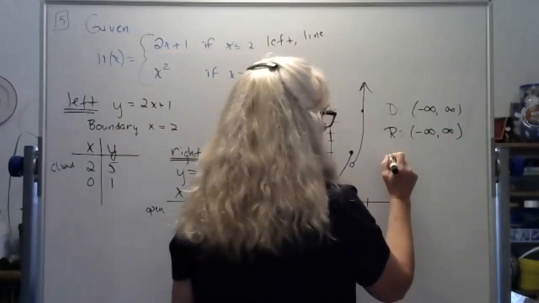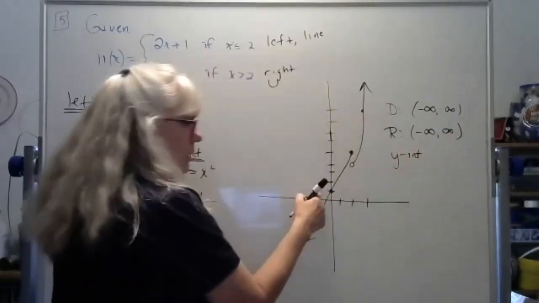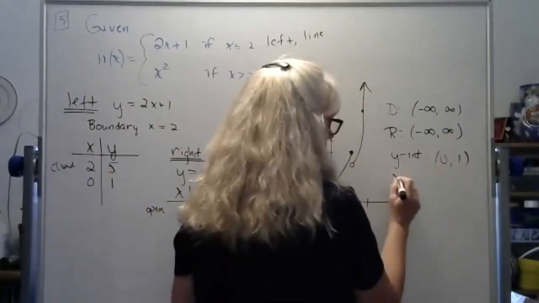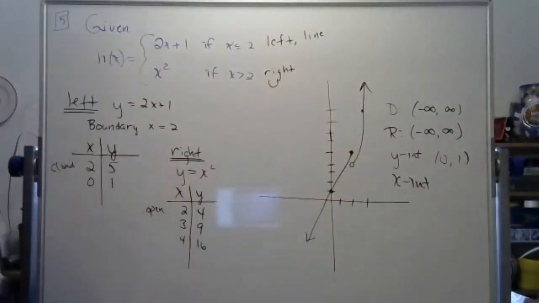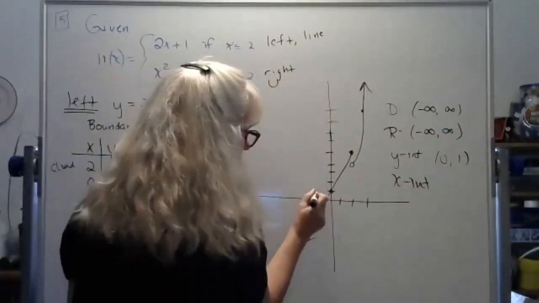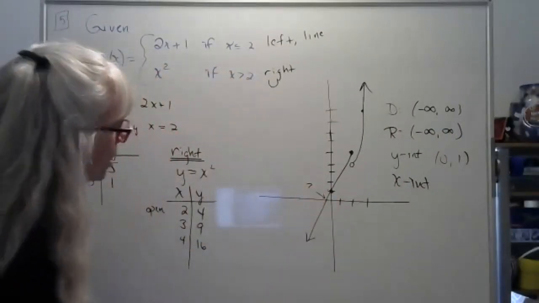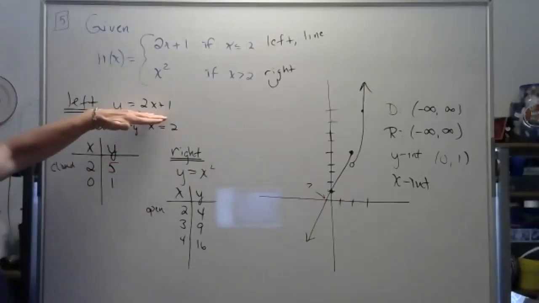Okay, in terms of intercepts, let's do the y-intercept first because it's the easy one. We know it. It's right there. We can see it. So it's (0, 1). Okay, what about the x-intercept though? We can see one. We know it crosses the axis right there, but the question is where is that? Well, that's part of the left piece. That's back up here with our left piece.